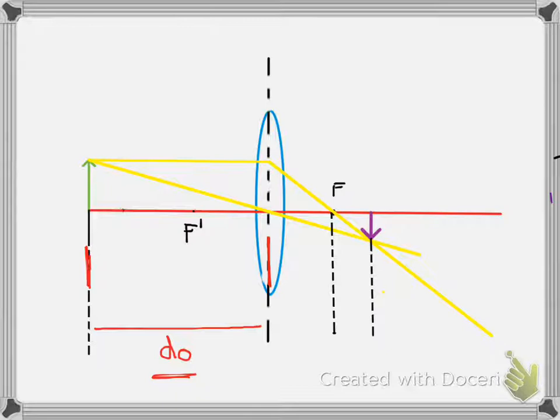Then on the other side, we can mark from, again, the center of the lens to the image. This is going to be referred to as dI, and that's the distance of the image from the center of the lens. So remember, everything's based on the center of that lens, and then we move out from there, to either side.